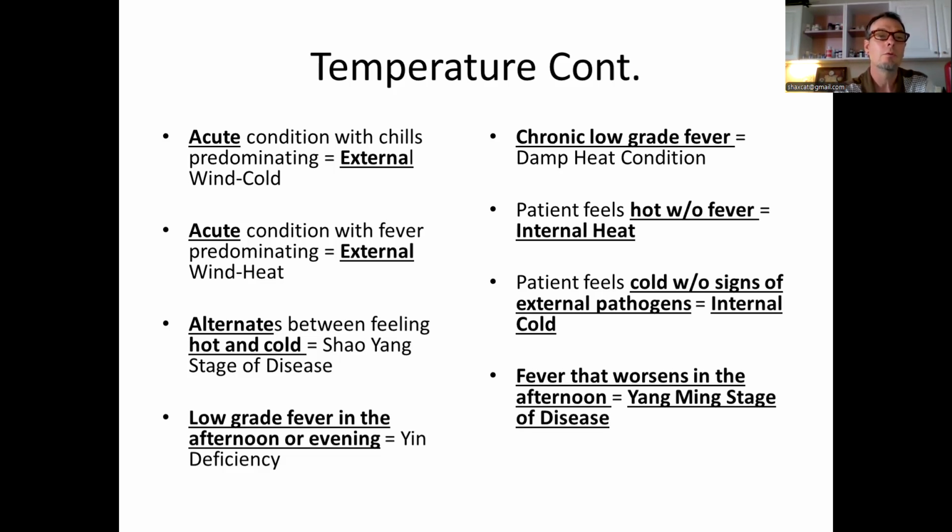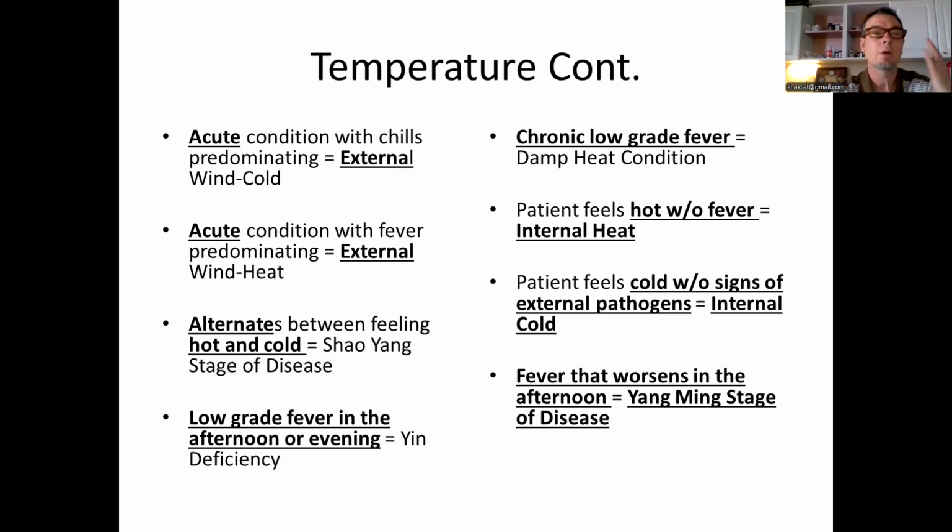Alternates between feeling hot and cold. Remember, I just mentioned this, the Shao Yang stage of disease. It's in between the exterior and the interior. Low grade fever in the afternoons or evenings is yin deficiency.